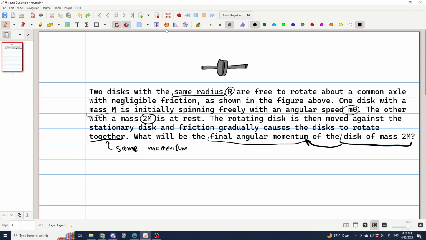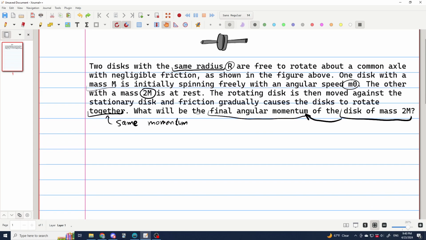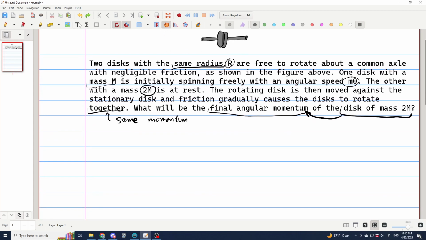Okay, so let's break down a couple things. Number one, let's first think about what my answer will be. My answer is going to be an angular momentum, so it's going to be what we call omega, and this is for the mass 2m, the angular momentum of this disk that's 2m big.